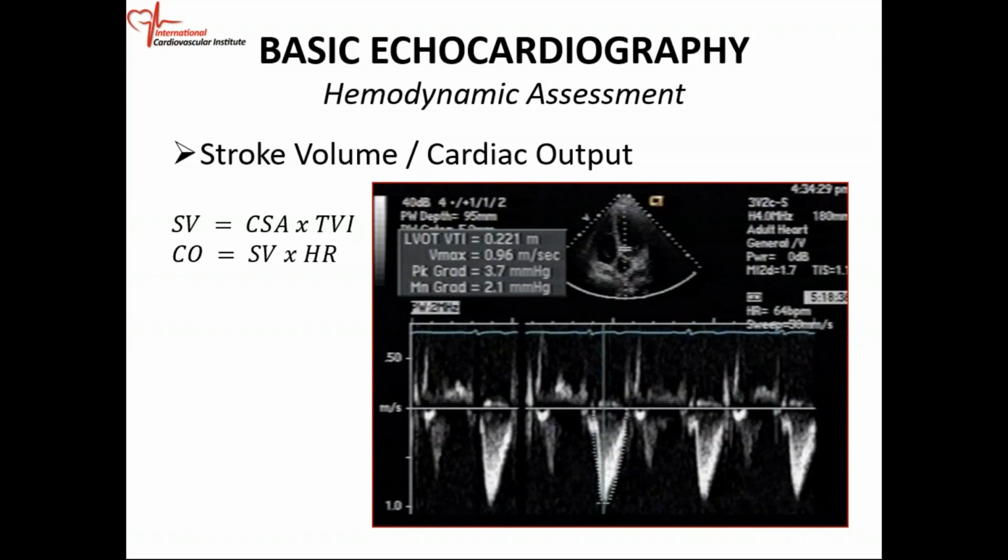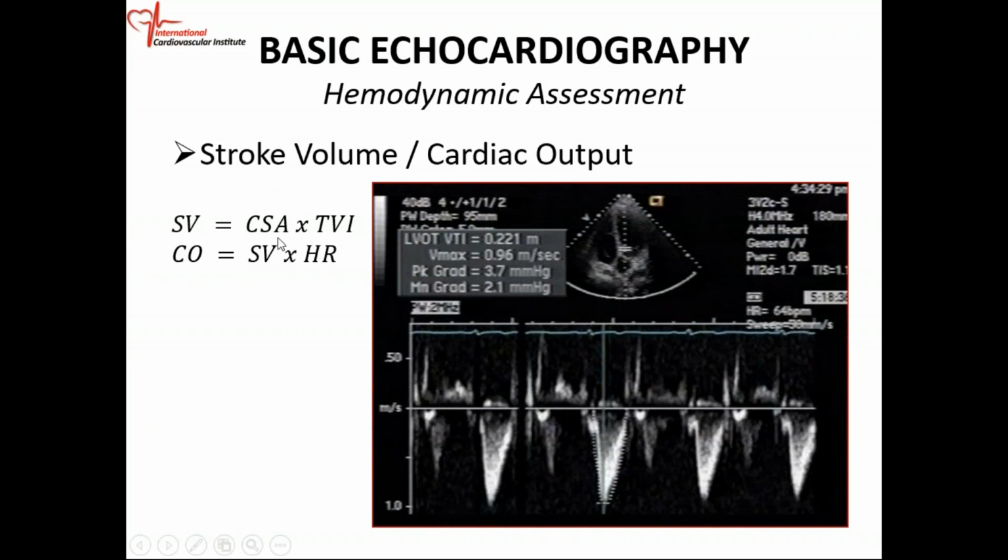So what we're doing is looking at the LV and the flow across the left ventricular outflow tract. When we look at the left ventricular outflow tract, we assume that it's circular.